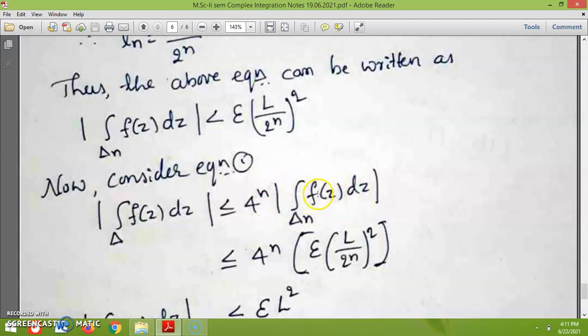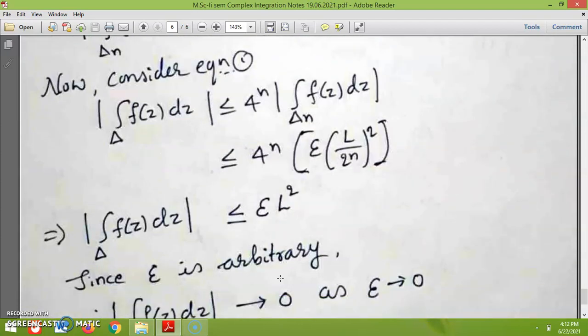And this is because every sub-triangle can be divided again into 4 sub-triangles, in such a way that it becomes 4 power n, and 4 power n times of this. So substitute these results here. Anyway, it should be less than that.